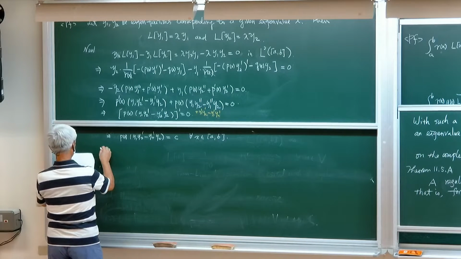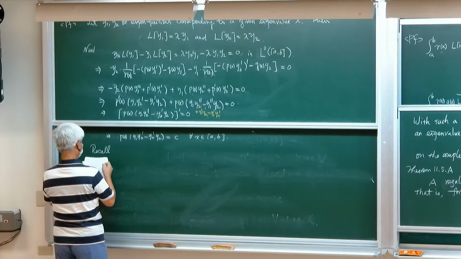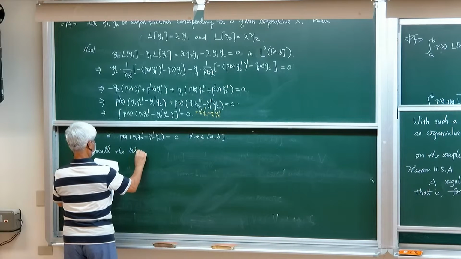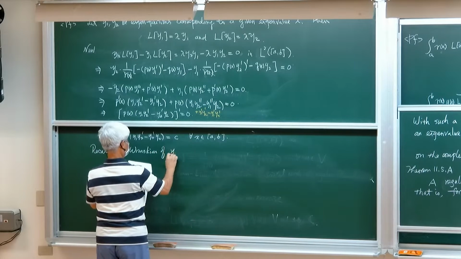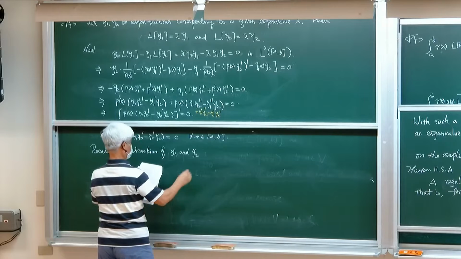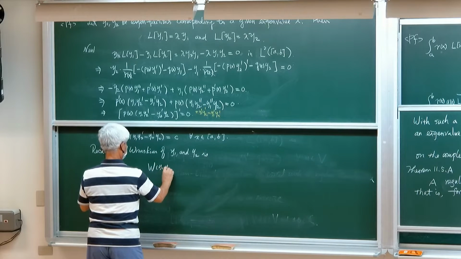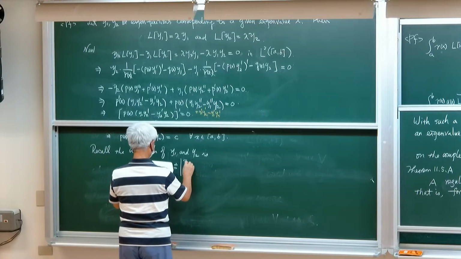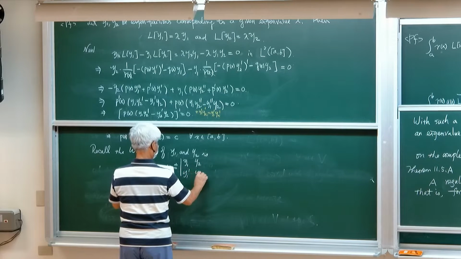And recall, the Wronskian of two functions y1 and y2 at x is the determinant of y1, y2, y1 prime, and y2 prime.